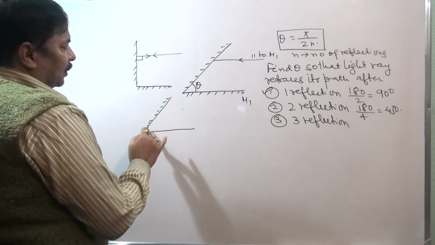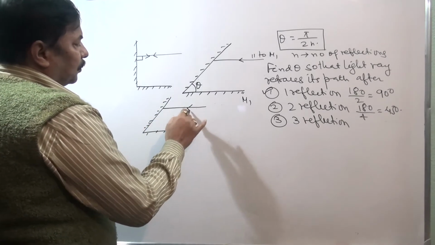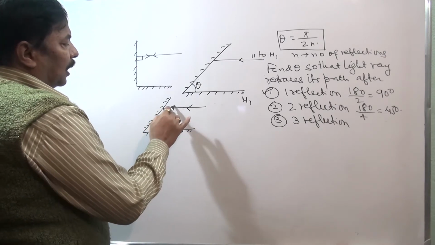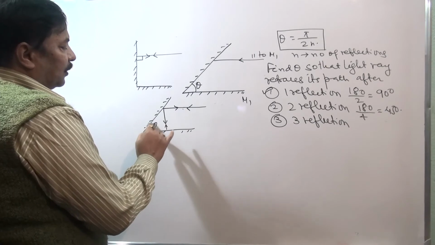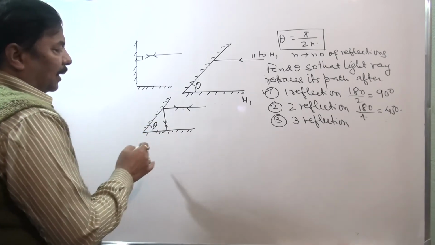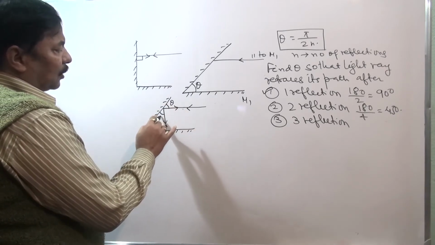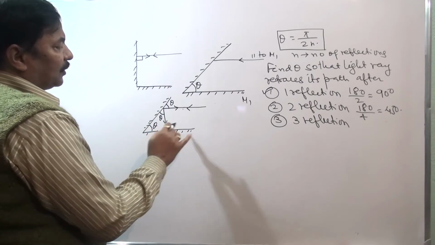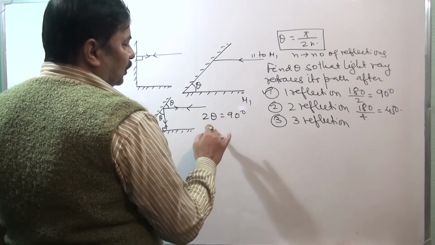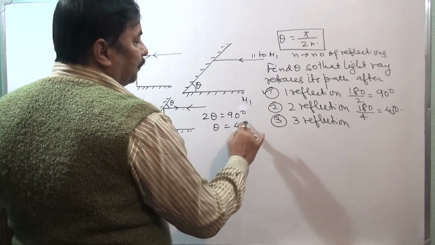Geometrically we can see the rays are in this way. It is falling normally, and here is theta, this is also theta, this is also theta, and this one is 90, so 2 theta equals 90, so theta equals 45 degrees.